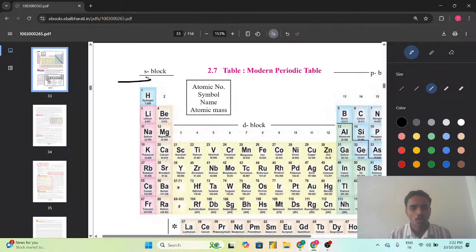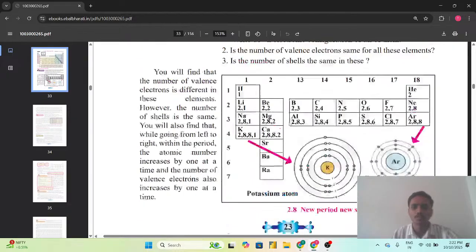If we move along the period, the number of shells in which the electrons are present remains constant. This is the trend which is observed.